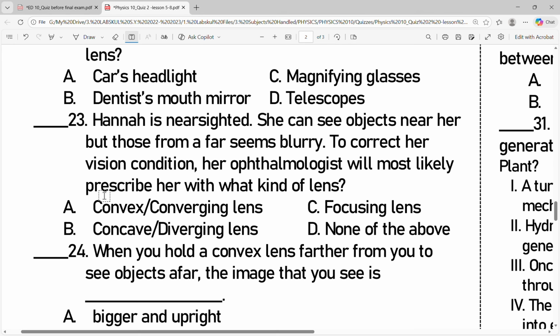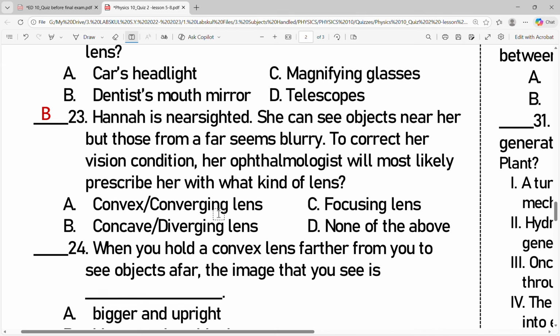And what type of lens do we use to ensure that we could see an object from afar, wider field of view, and that is a concave or diverging lens, diba? So that's what we're going to use to correct the blurry vision of Hannah. Kay ang matabo sina, ginapa-move backwards siya ang intersection of the light rays para magkadto sa retina, para makakita siya even objects from afar. So the answer number 23 is letter B.